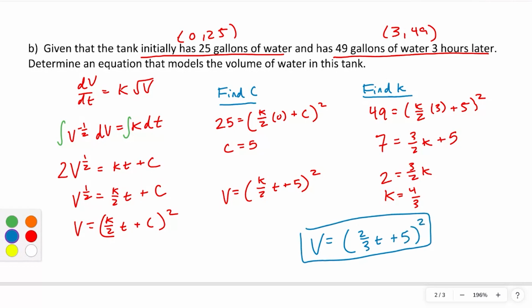And that should give you the volume with respect to time. Now there's obviously a lot of algebra and calculus going on here. If you're not 100% confident in your answer, I would suggest you go back and plug in both of these points and verify that they are in fact solutions to this equation, which I think you'll see that they are.